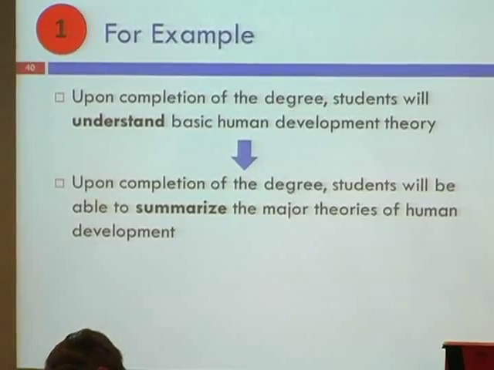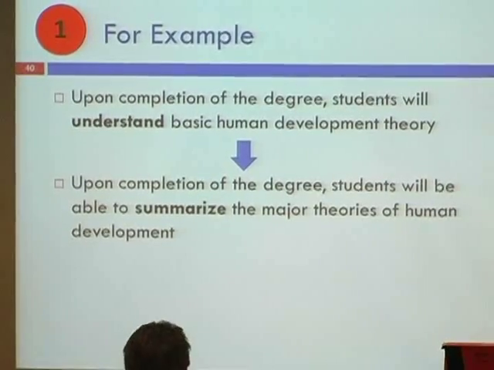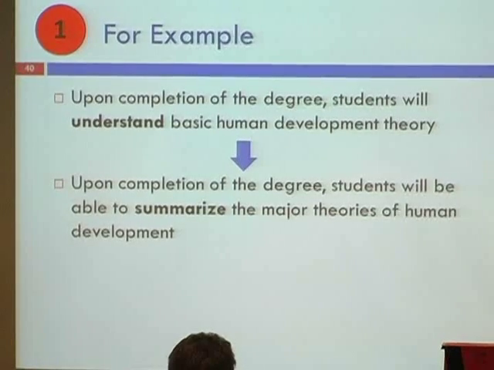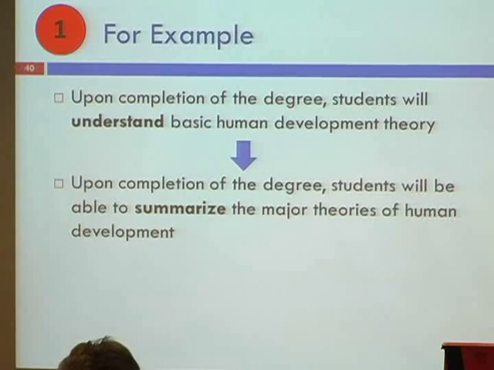Well, we change it into something like, upon completion of the degree, students will be able to summarize the major theories of human development. This, by the way, summarizes on the second level of competence in Bloom's taxonomy. It's a little bit deeper than simply description. And you could actually think of other things as well, but summarize, we pulled it out because we thought it was nice in the way that it was slightly more than just simply to describe.